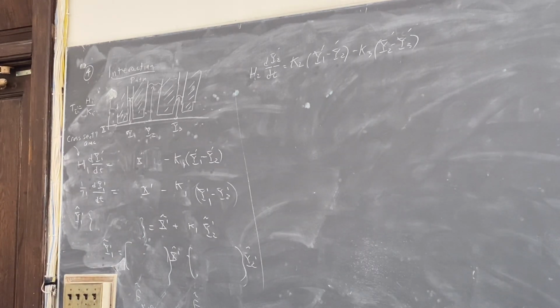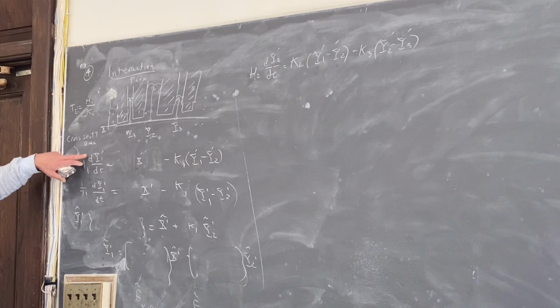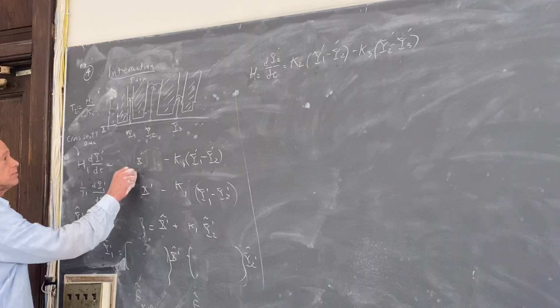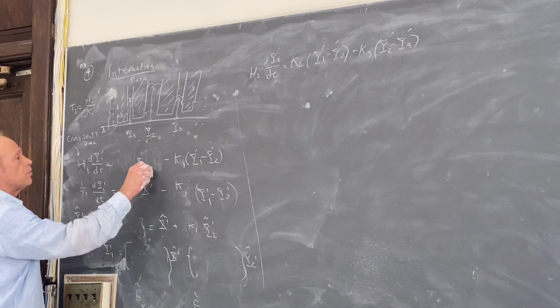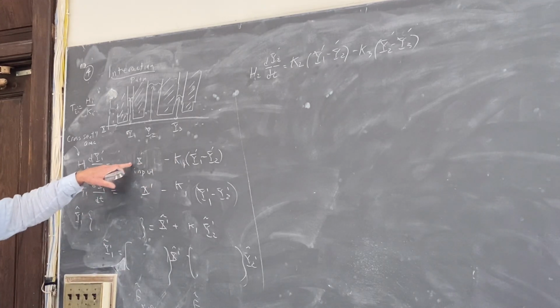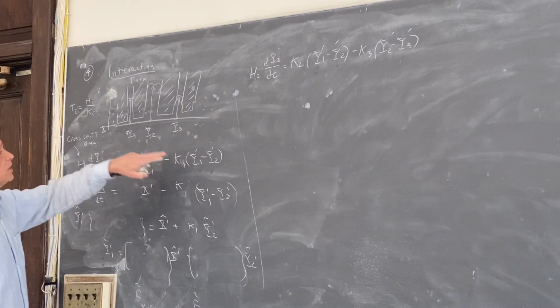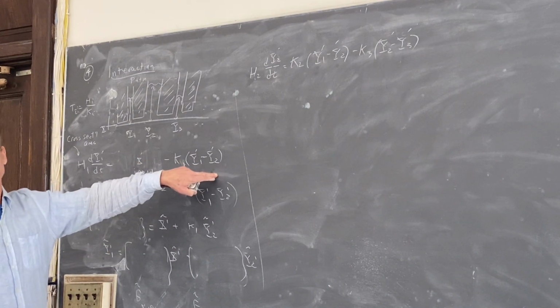Let's do it line by line. So again, the change in volume of tank 1 is due to the input, which here is just going to be x prime as an input, and minus k1 times y1 minus y2.